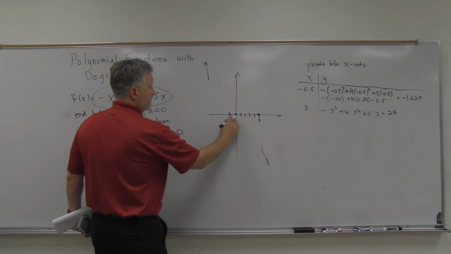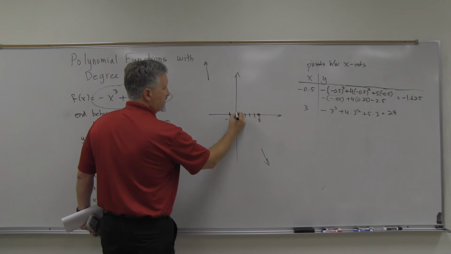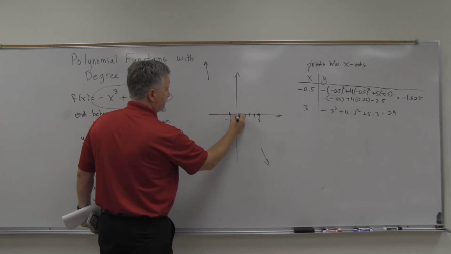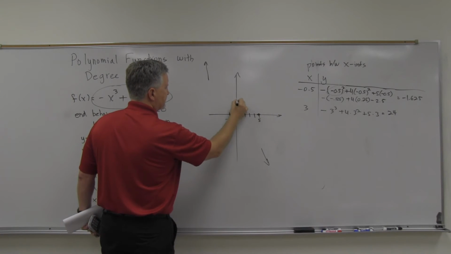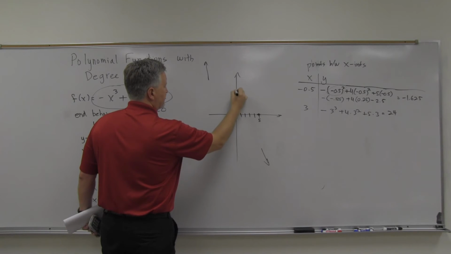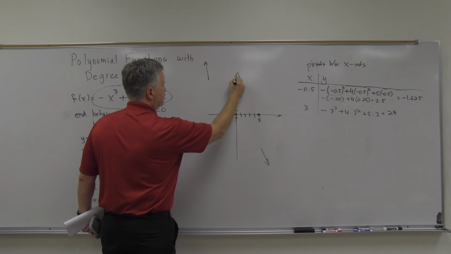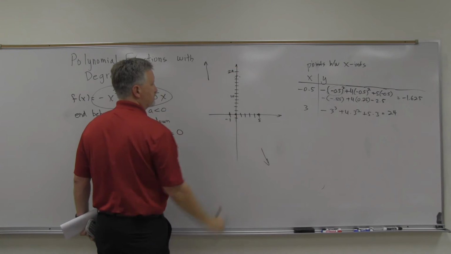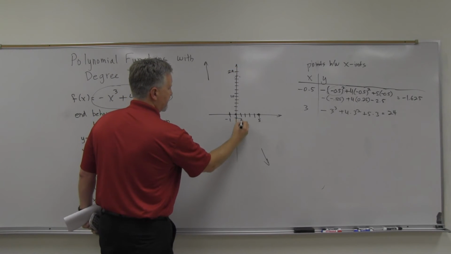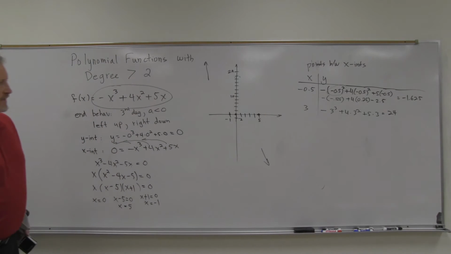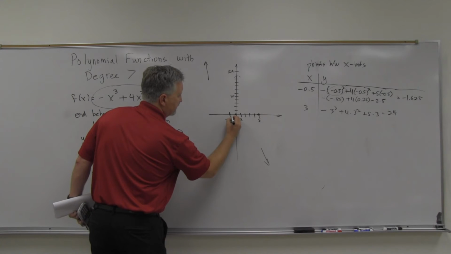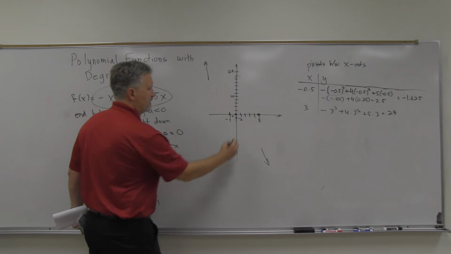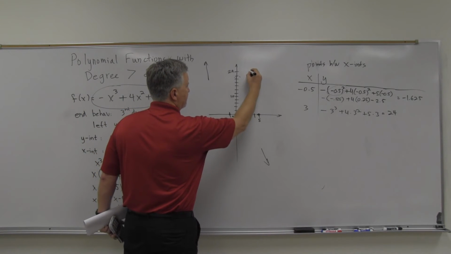Since that was 24, let's mark these off by 2: 2, 4, 6, 8, 10, 12, 14, 16, 18, 20, 22, 24. So at negative 0.5, we've got a negative 1.625 somewhere in here. And then at 3, we're at 24.